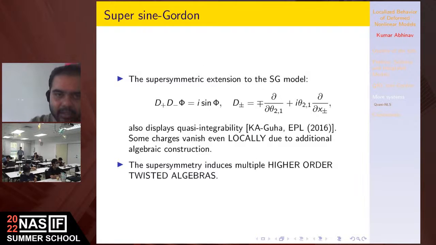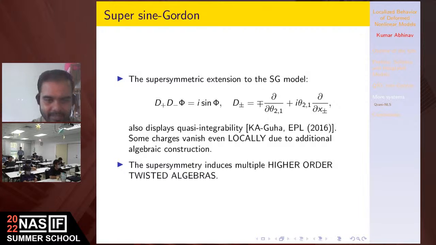Okay, so we also applied this to the supersymmetric Sine-Gordon model. This is the expression for the supersymmetric Sine-Gordon model, where there are 4 variables, because this is a supersymmetric system, so you have the supersymmetric parameters theta additionally.